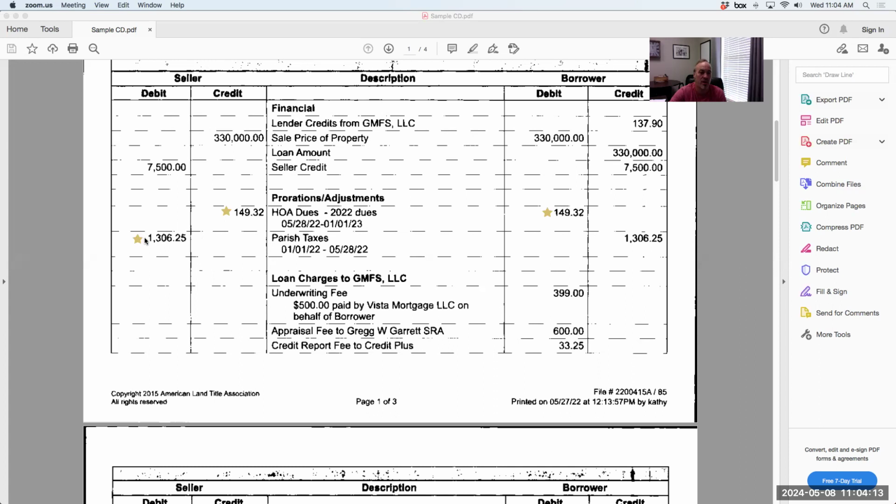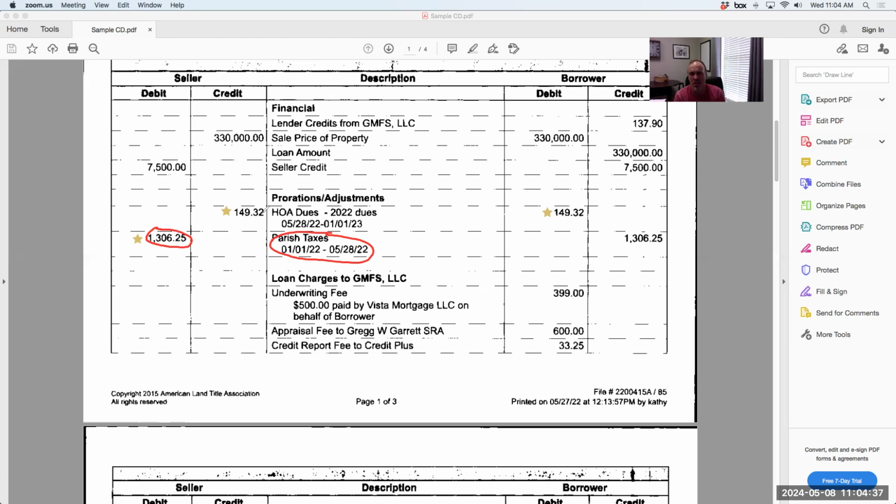Parish taxes right here. The seller is only responsible for the taxes from the time and date that he's lived in the home throughout the year, right? So you can see here, he's only responsible from January up to May 28th, and that is the amount that he's responsible for paying. So the title company collects that from him in the transaction.